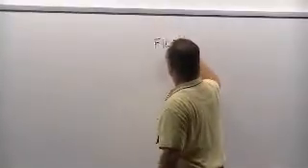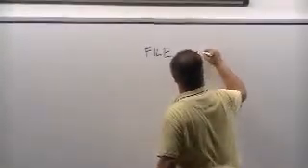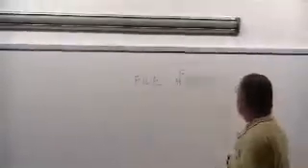Seeing as how I'm using this fgetc function on it, does anybody remember how to declare a file pointer? It's in the PDF that I gave you. Remember, it's FILE star IFP. Oh, yeah. Remember that?